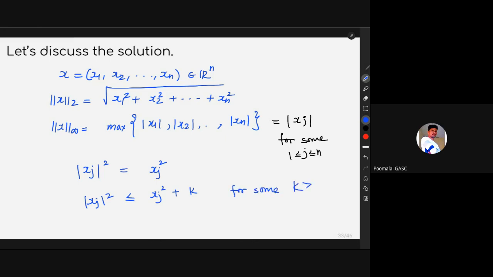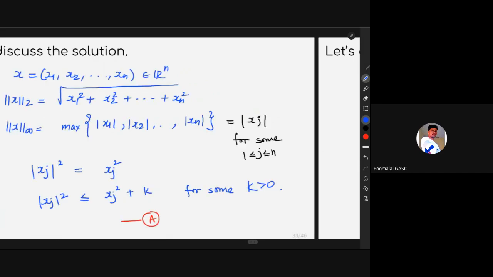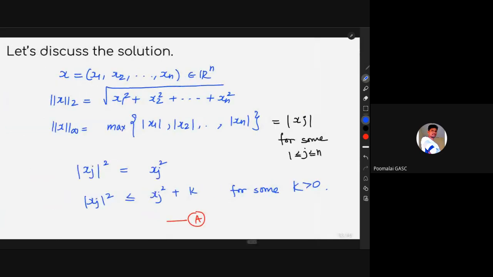So we keep this in mind. Now we want to make the right hand side the Euclidean norm.